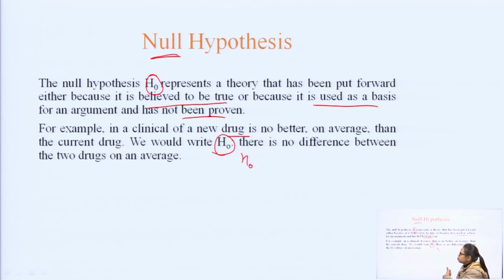This was an assumption believed to be true and used as a base for an argument, but it has not been proven. So, we can assume there is no difference between the two drugs on average.